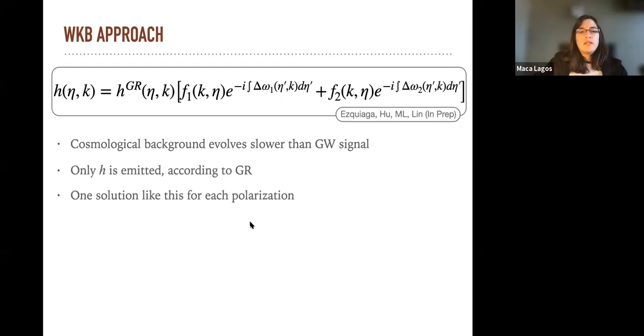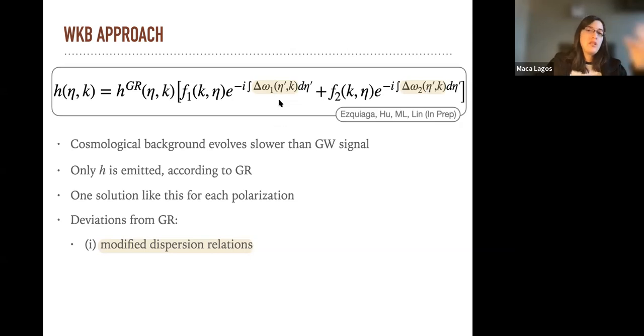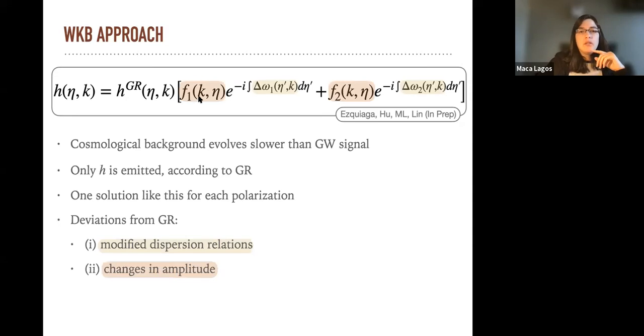But okay, so what are these extra terms? Well, here we have our two propagating modes, the first one, the second one, and they generically have a modified dispersion relation. Each one of them may have a different dispersion relation that is different to the one in GR, the omega equals ck. Also, they may have some non-trivial amplitude that may depend on time, on the wave number k, that would also make our final signal deviate from GR.